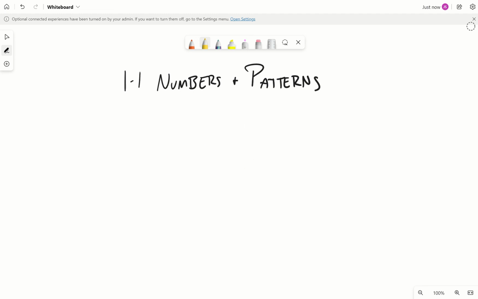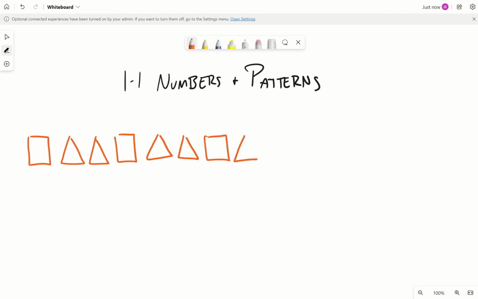All right, let me get this out of the way. Let's try something a little different. Let's say I have this pattern. What would my next 3 shapes be here?